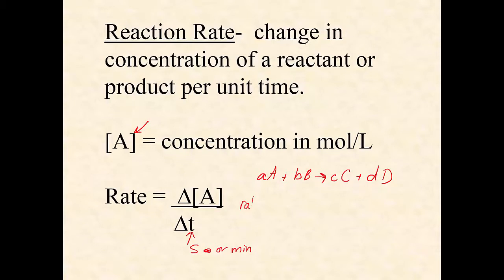My rate is going to be equal to 1 over a, times the change in concentration of A over the change in time. Remember, delta means change. I'm really bad at forgetting my change, so if I forget, you still put it in. This is also going to be changing at a ratio of 1 over b. How much is that reactant going to be used up in that much time?